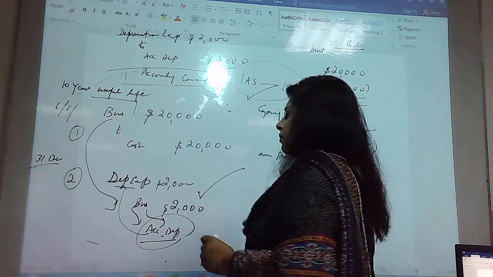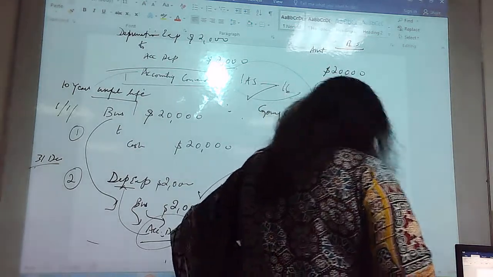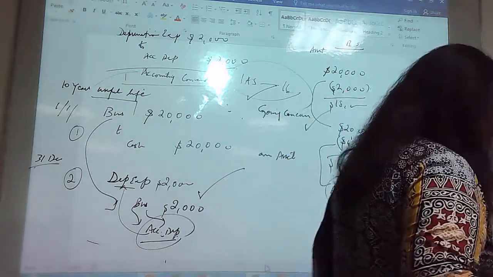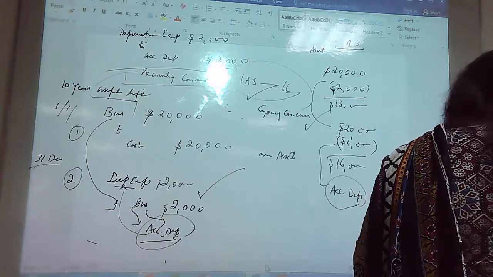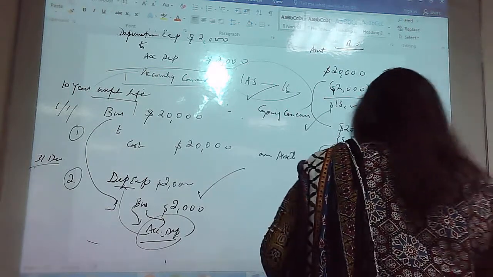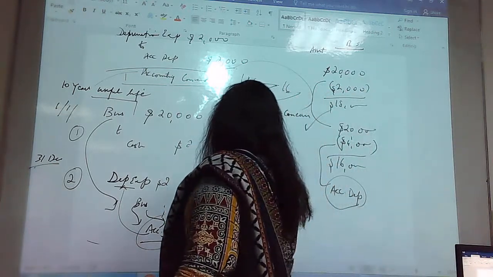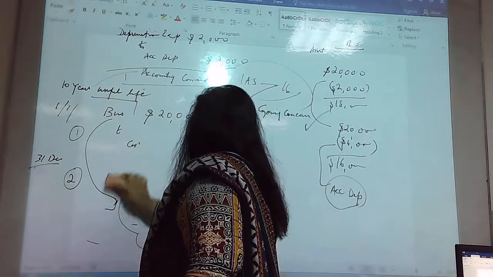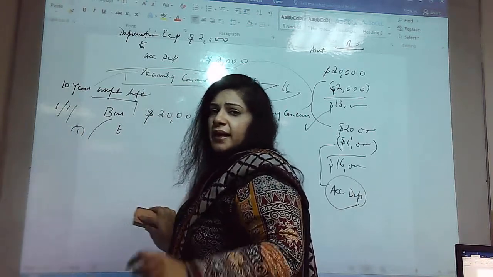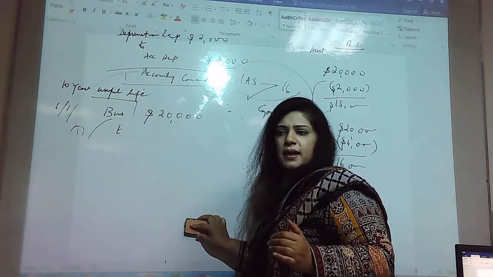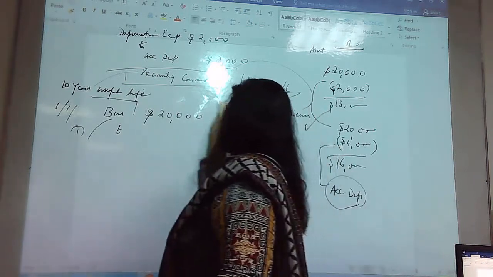Okay. Similarly, we have another concept, and that is, you would actually credit the asset when it is consumed. So when an asset is consumed, you will credit that, and you will debit the expense on account of that.